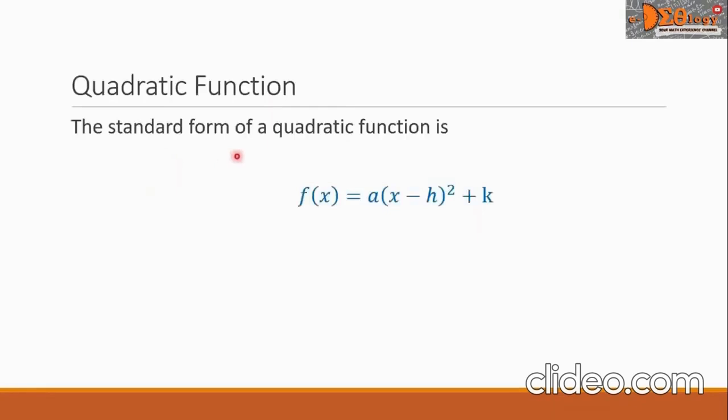The standard form of a quadratic function is f(x) = a(x - h)^2 + k. We know that the graph of a quadratic function is a parabola. In the standard form, we can see here the h and the k, and that is exactly the vertex of the parabola.